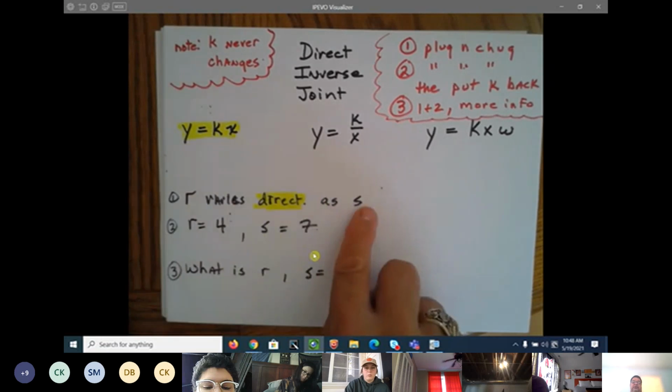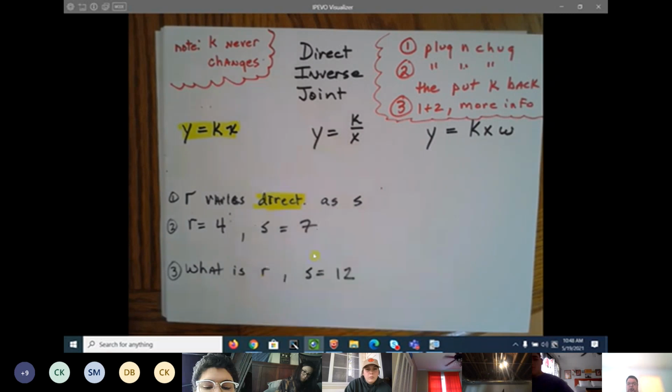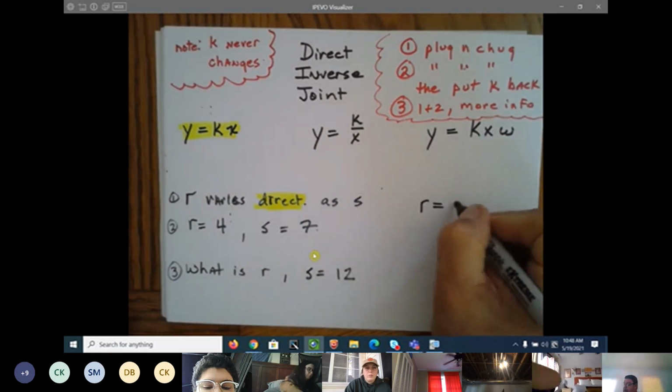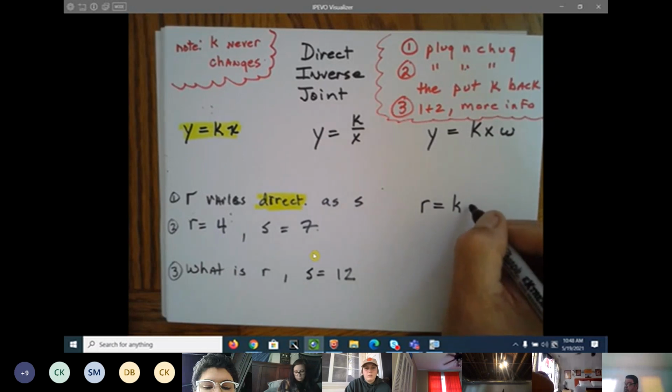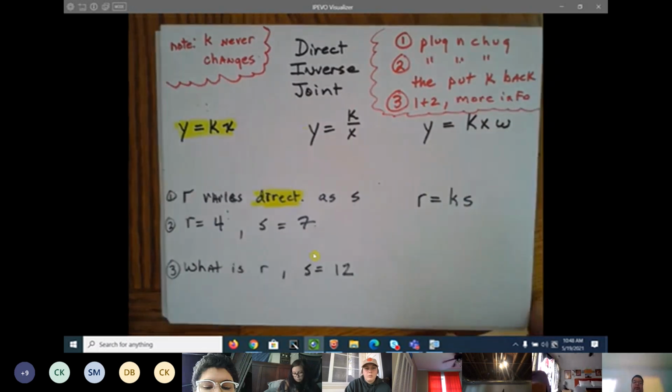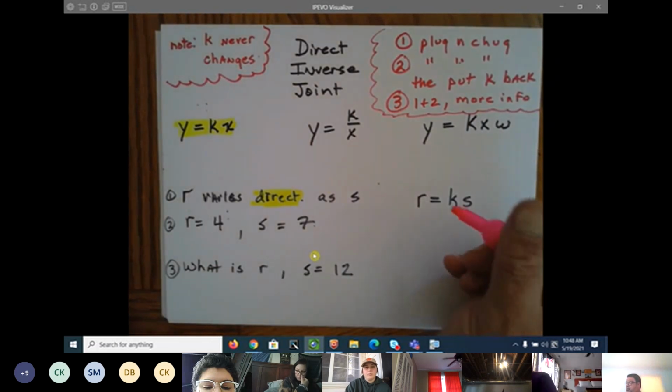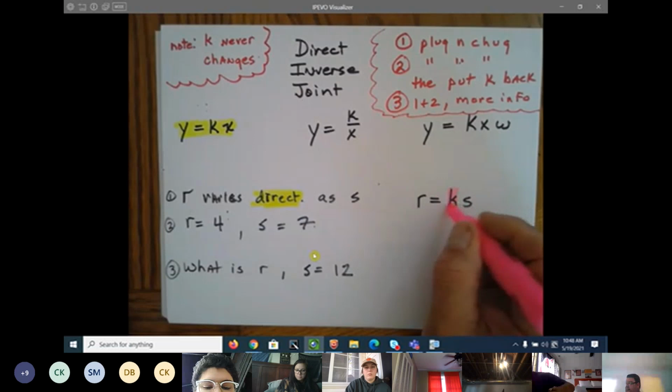X comes second, s comes second. So you're going to interchange, and you're going to make your equation r is equal to k times s. And remember, k never changes. So I'm going to highlight k right here because k never changes.